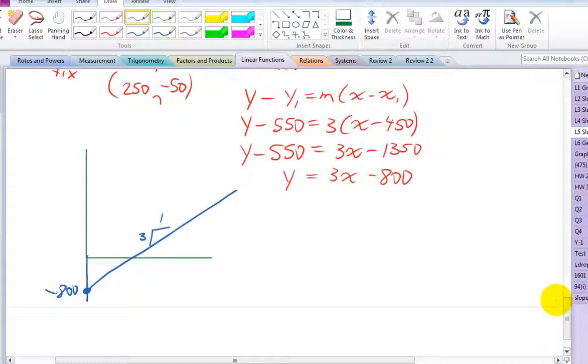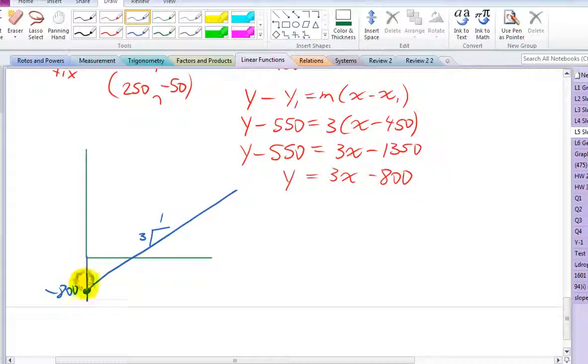You add the 550 to the other side? Yep, I did add it. That's why I'm getting closer to 0. Yes, the weird stuff with negatives, right? You guys good? Okay, so negative 800.